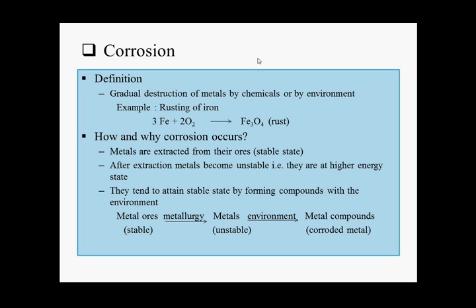So they will always have the tendency to attain the stable state. So they want to form compounds with the chemicals or the gases present in the atmosphere, which leads to the corrosion of the metal.